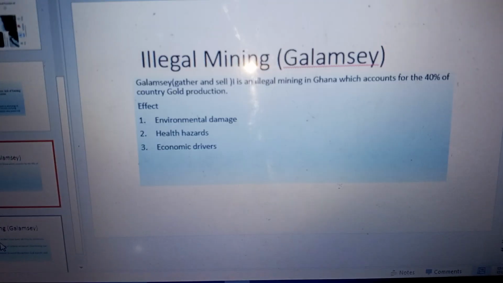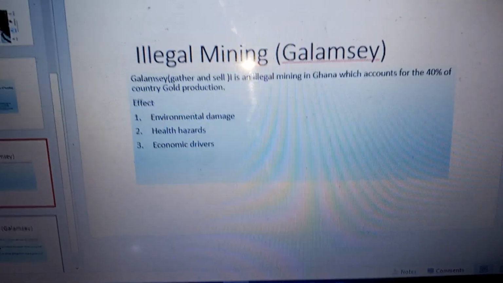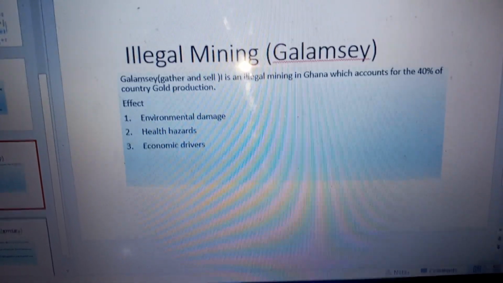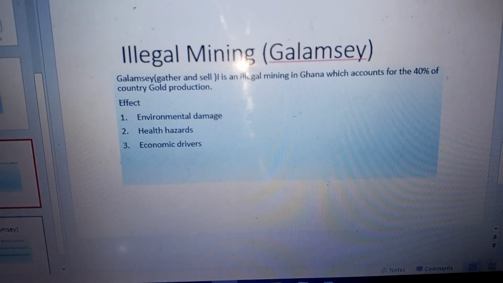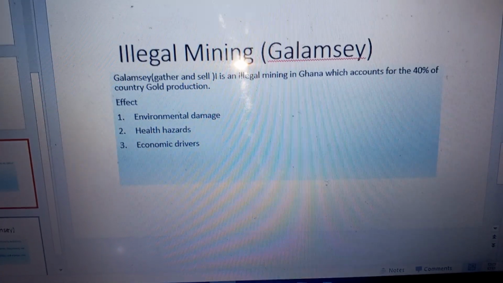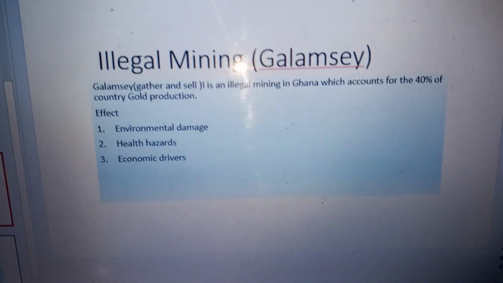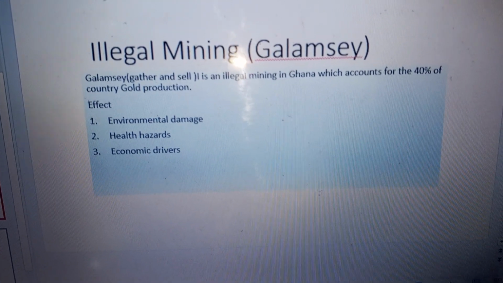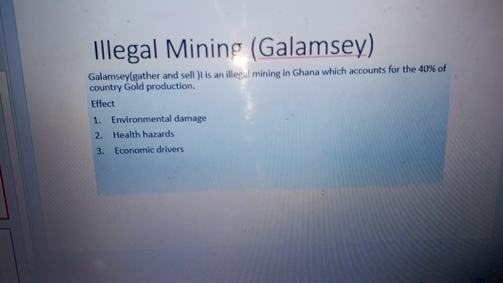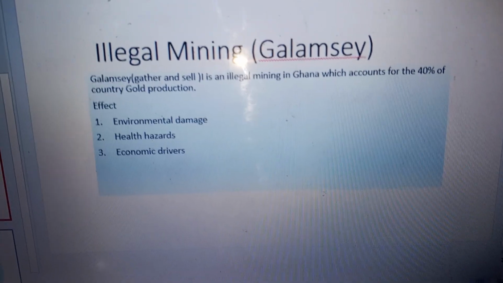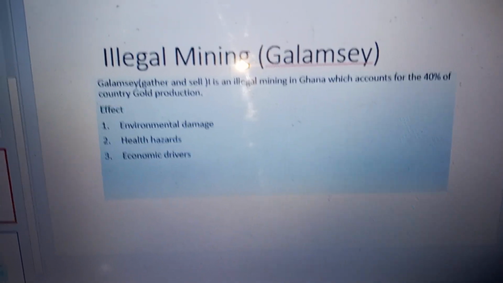Let's go to the illegal mining sector. Illegal mining, popularly called galamsey, has affected most of the farmlands in Ghana. It accounts for 40% of the country's gold production, but it has effects.